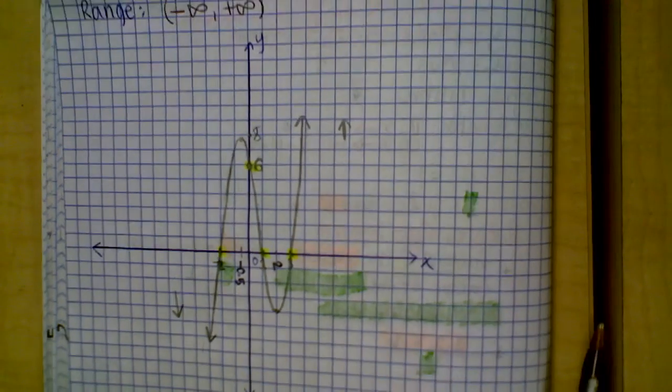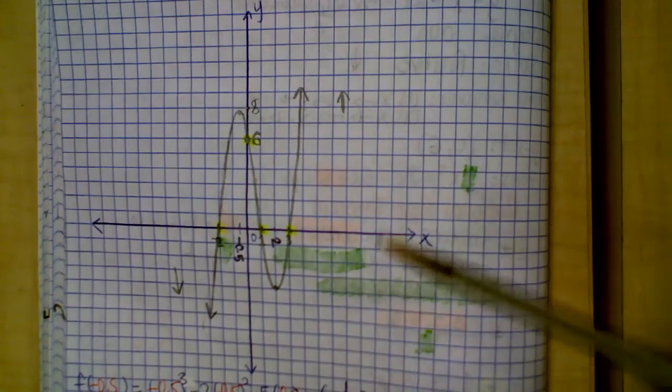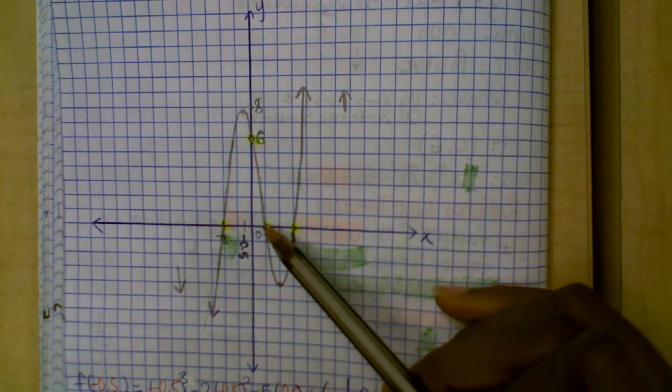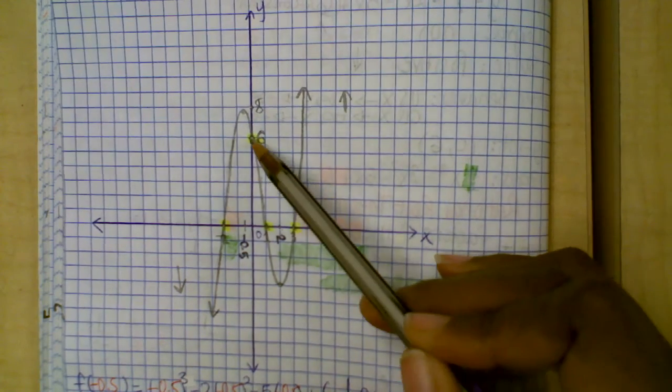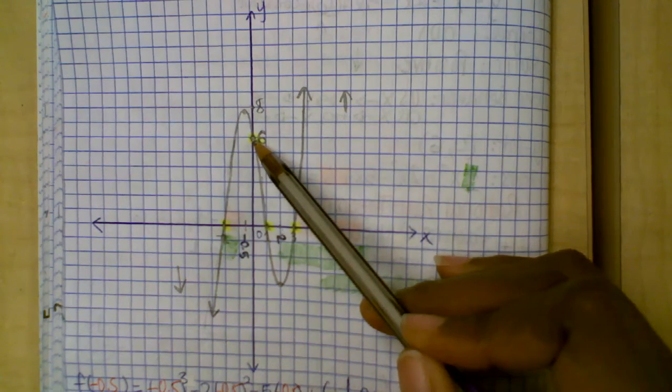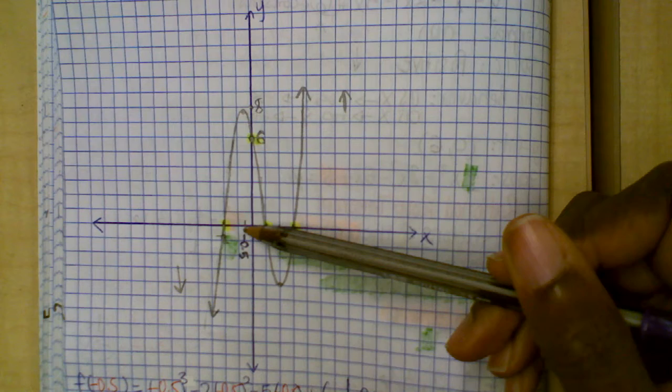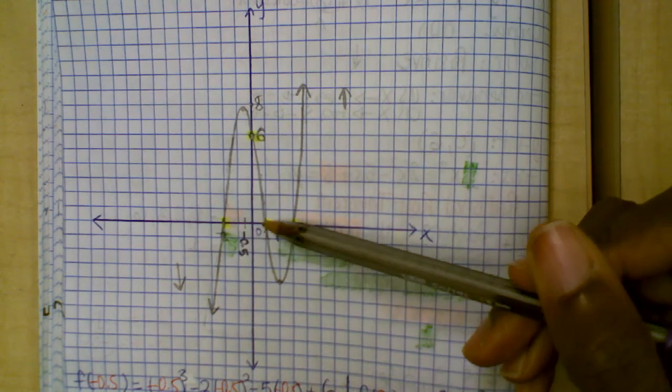Here is a graph I sketched earlier. We know the x-intercepts occur at negative 2, positive 1, and positive 3. The y-intercept is (0, 6). The relative extrema occur in the middle between the zeros.